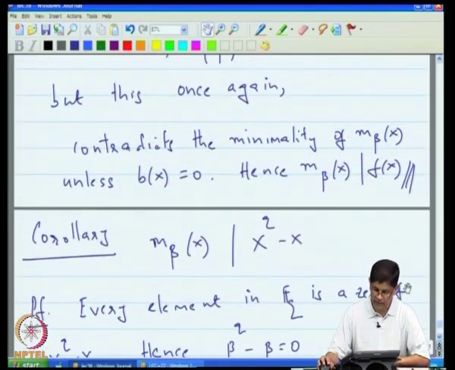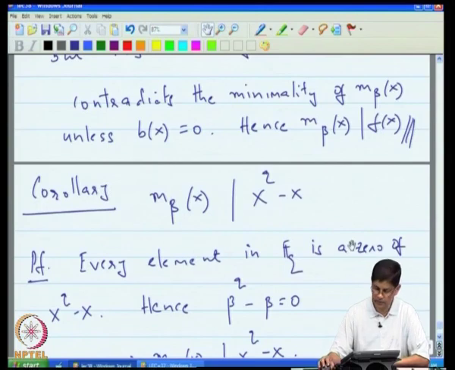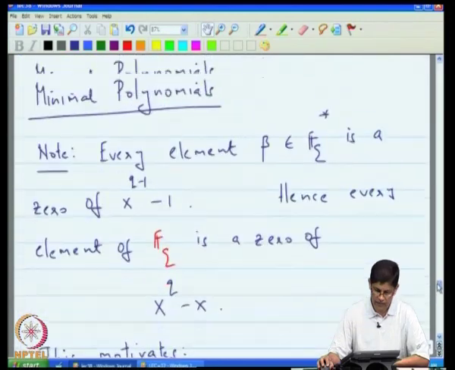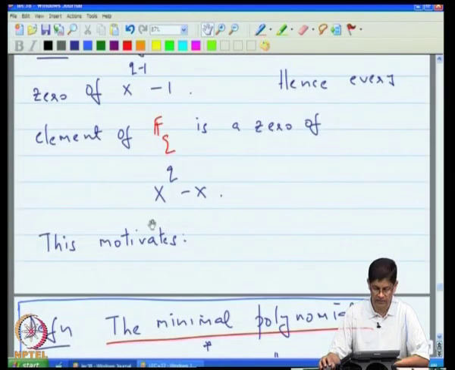We will put this claim to use right away, because we already know that every non-zero element is a 0 of x to the q minus x. Just a few minutes ago, we dwelt on this, that every element of the finite field is a 0 of x to the q minus x.